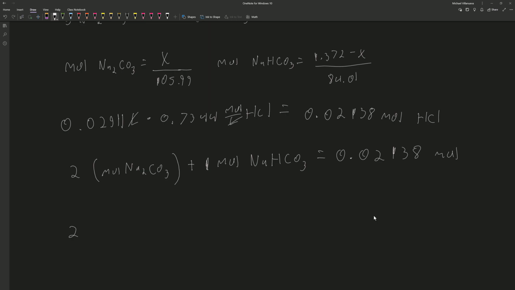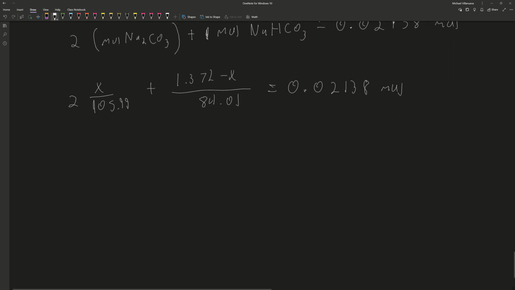We have 2 times X over 105.99 plus 1.372 minus x all over 84.01, which will equal 0.02138 moles. Now at this point, we could just punch this into a CAS calculator or something like Wolfram Alpha, and we could get ourselves essentially a final solution to this.